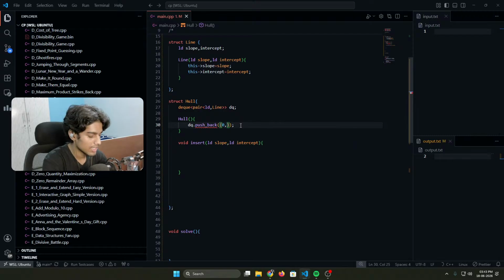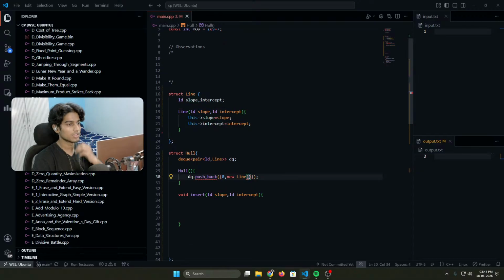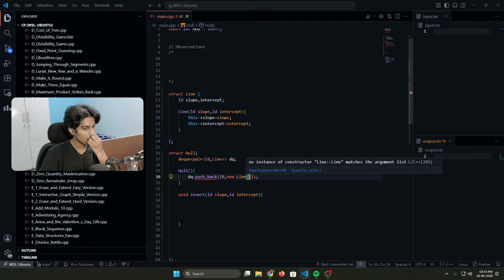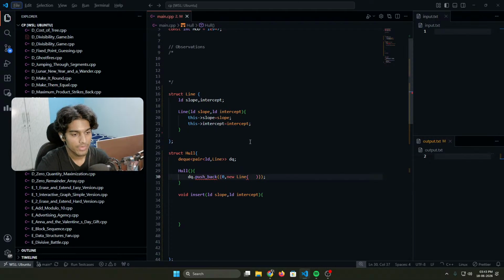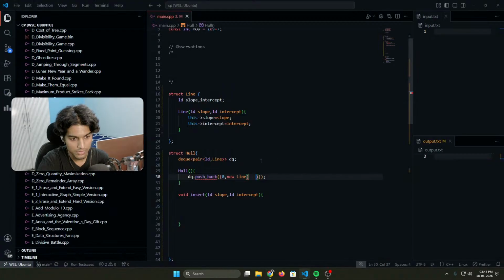Okay, so we also need a line. So let's quickly, what will be the slope? So let's take this line. Okay, what is the slope? Slope is like infinite or something. So let's take long max.